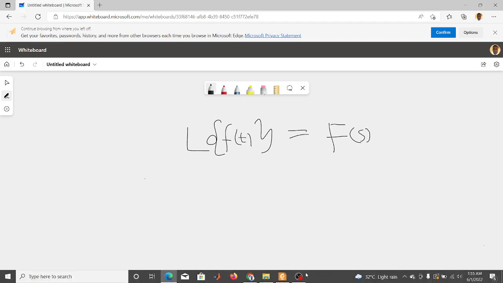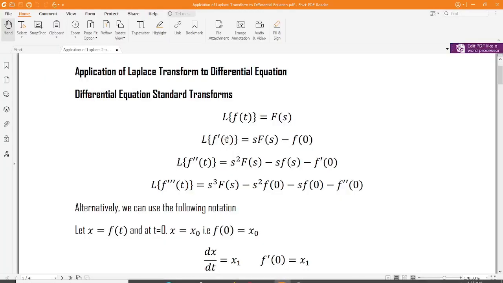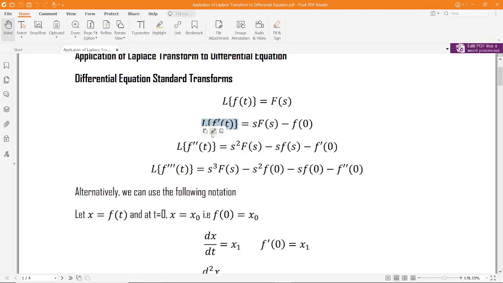So for the first order differential equation, if the function of time is being differentiated for the first time, the Laplace transform is s F of s minus f, and the time is 0. That's why you have 0 inside of this bracket here, and your time t is 0.